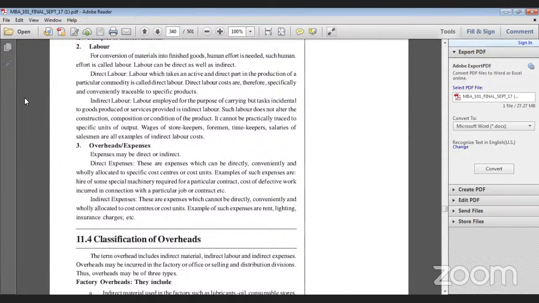Indirect expenses cannot be directly, conventionally, and wholly allocated to a cost center or cost unit. Examples are rent, lighting, insurance, and similar charges.